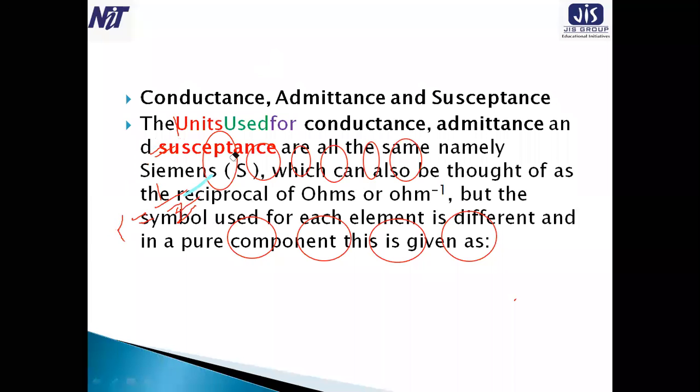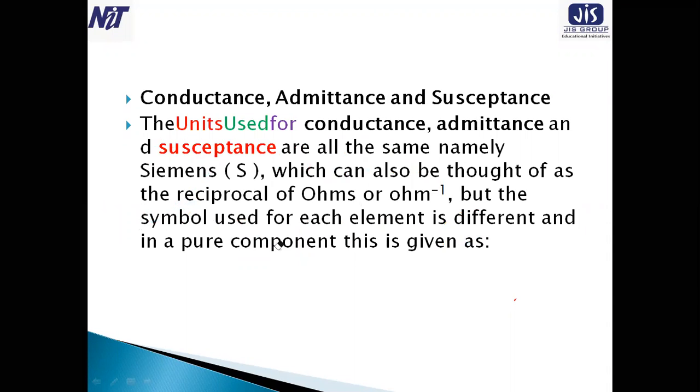Now here we are going to find the conductance, admittance and susceptance of a parallel RLC circuit. What is the process for finding this? Let's talk about that. The units used for conductance, admittance and susceptance are all the same, namely Siemens.